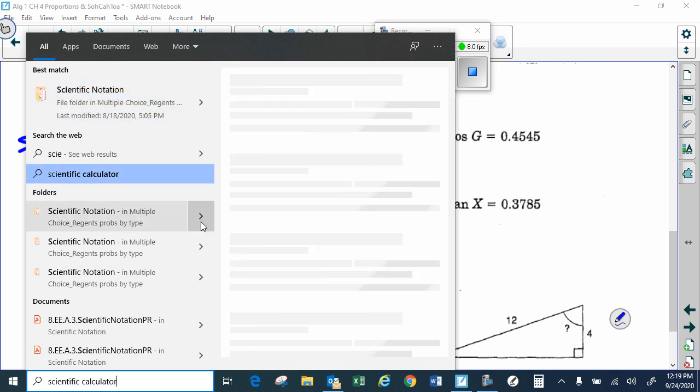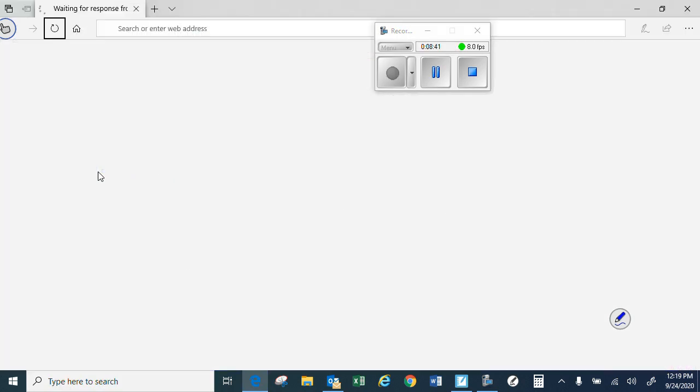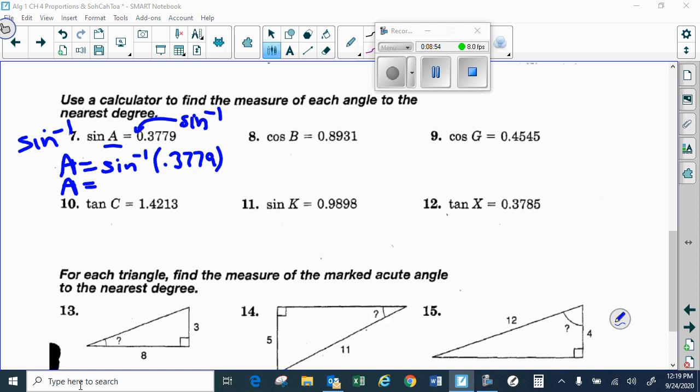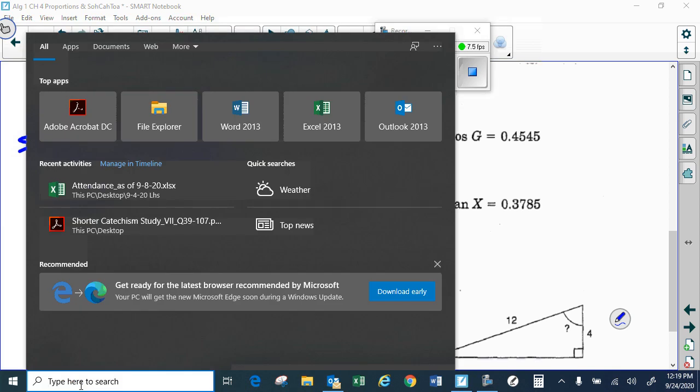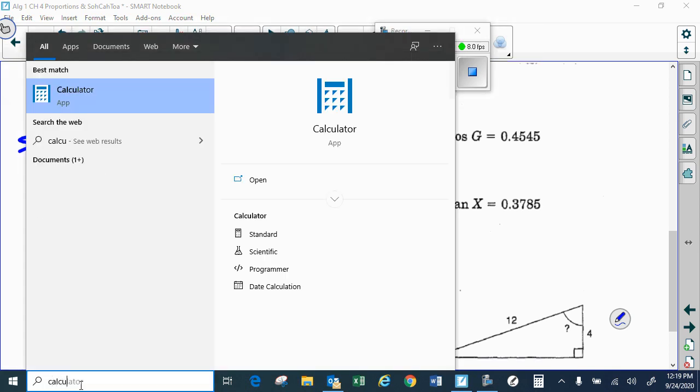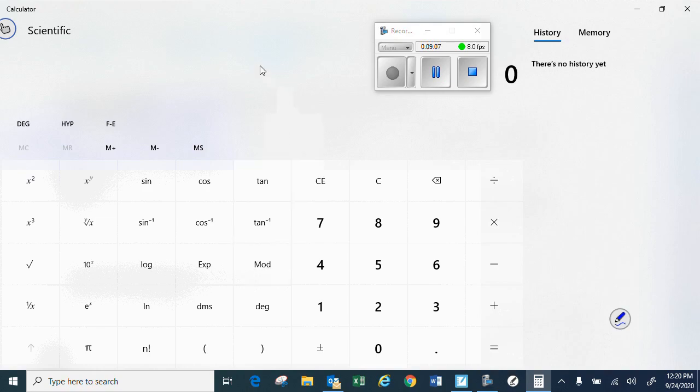Oops. Oh, why is that bringing it up? Okay. Let me see if I just do calculator to begin with and see if I can change it from, oh, and I hit scientific down here. There we go. Okay.